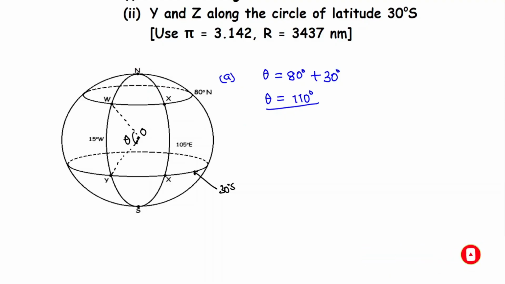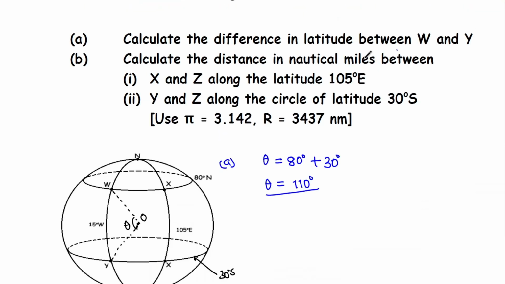Let's look at part B of the question. It says calculate the distance in nautical miles between X and Z. Still, this one here is Z. Let's make this correction. Again we can subtend to the center here.